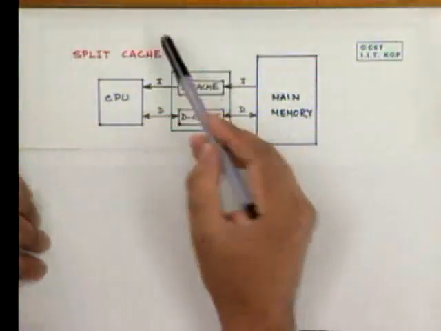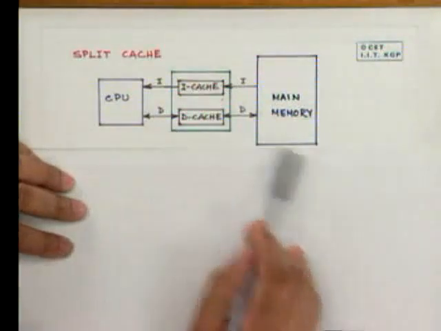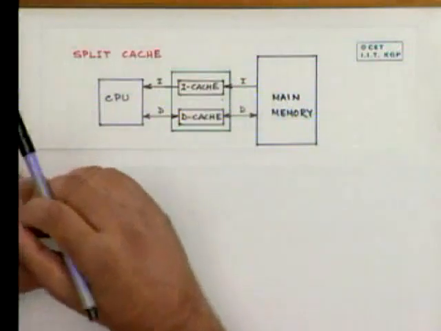Now, two more things that we should discuss here. One is a split cache. Here you see this is a CPU, this is a cache memory and this is a main memory. Almost all contemporary systems use two caches. One is called the instruction cache, and one is called the data cache.